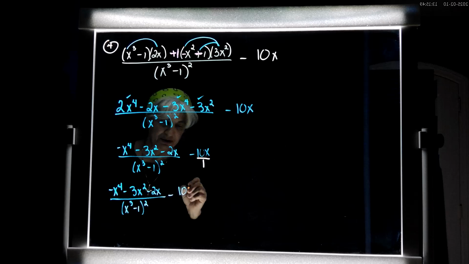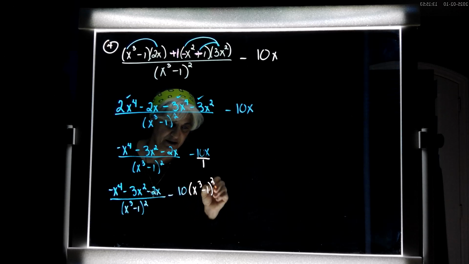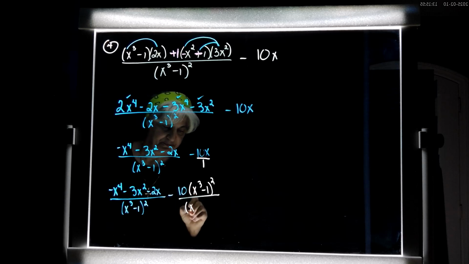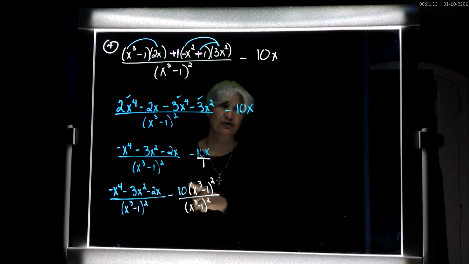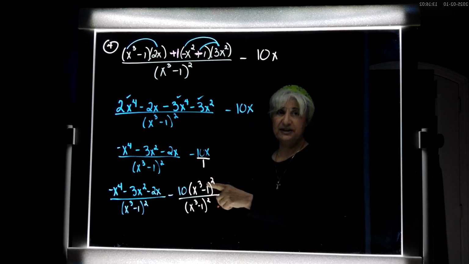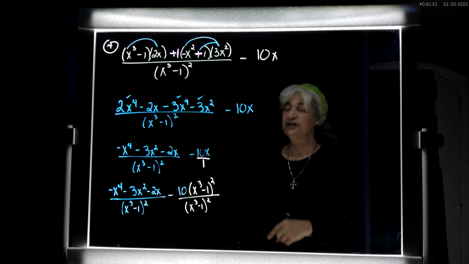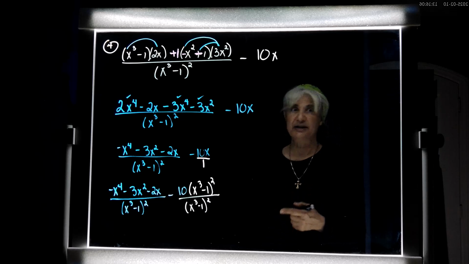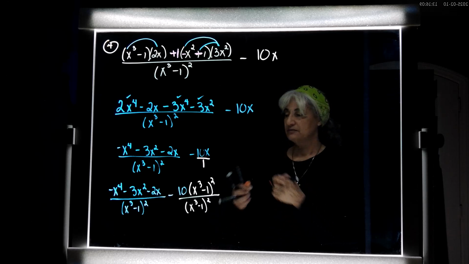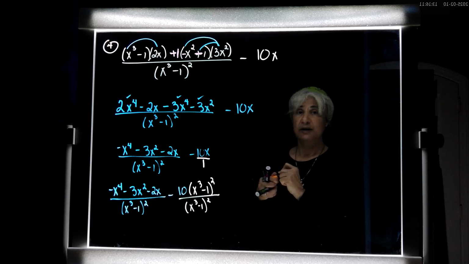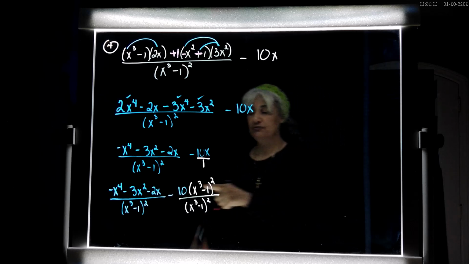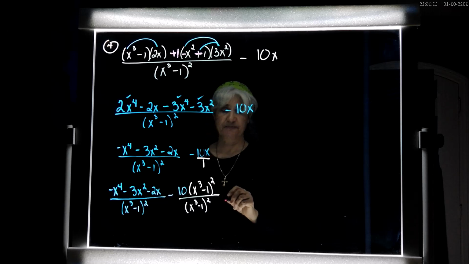Yeah, you're going to have to multiply numerator and denominator by x to the third minus 1 squared. If you need to, pause the video and make certain that you do it. I'm assuming you did it. I'm assuming you distributed that numerator.